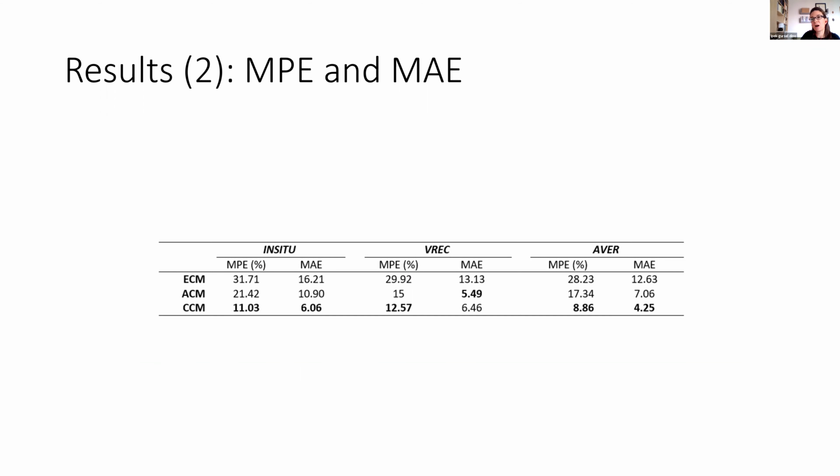ECM has the highest error, the one tracking the doors, and it reaches up to 30% mean percentage errors. But ACM, those cameras looking at the camera, can predict with up to 15% error. So this means that ACM can still be used with some degree of confidence if no such combined method is available.